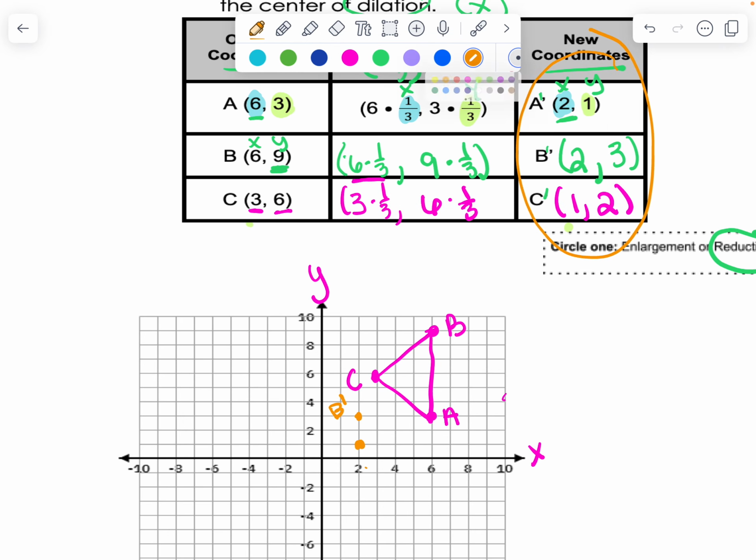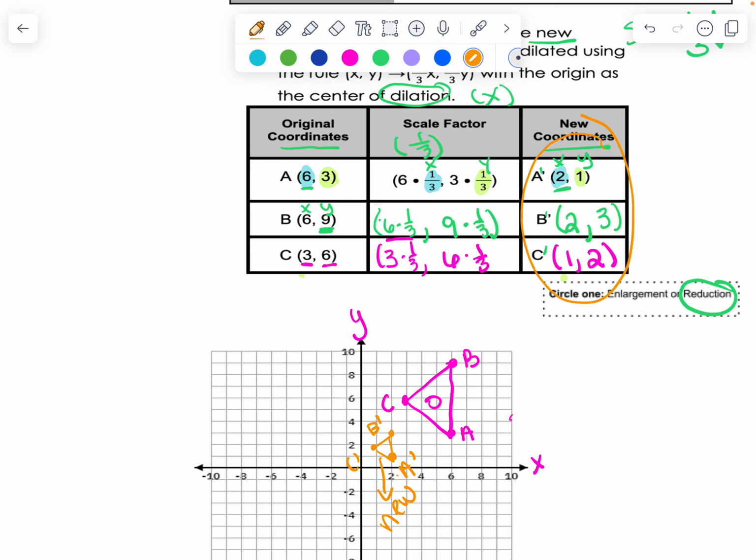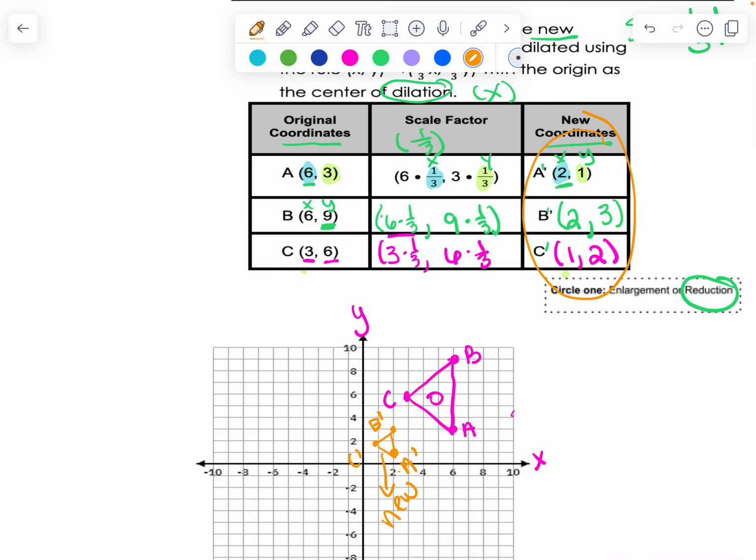So this is A prime, this is C prime. So my original is this one, and my new one is the smaller one. So it's definitely a reduction. It's a lot smaller than the original. So all we're doing is applying our scale factor to find the new ordered pairs and drawing the pictures.